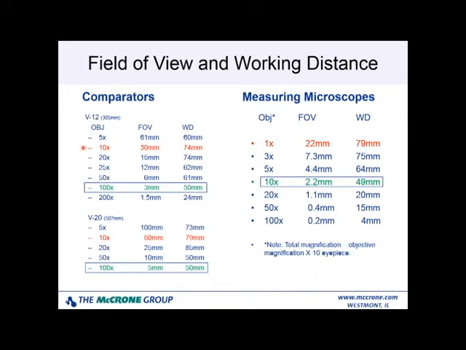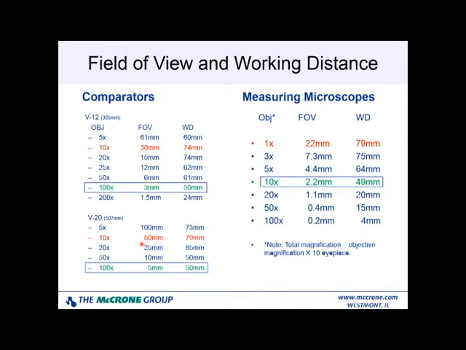With a 10x magnification on a 12-inch V12 comparator, you will see that the field of view is about 30 millimeters. If we go up to a 20-inch screen, the 10x will give you 50 millimeters because of the larger screen size.